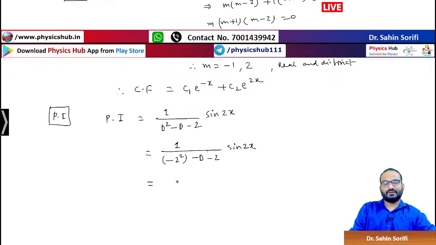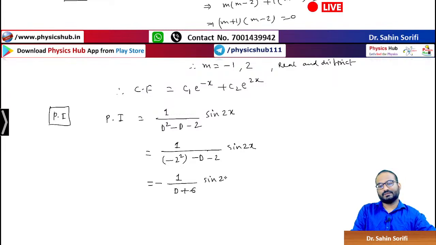What are you getting now? 1 upon, okay, let's take minus outside: minus 4 minus 2 is minus 6, minus D, so D plus 6 in the denominator, sin 2x. Now you need D square to operate on sin 2x, but D plus 6 is there, so we multiply above and below by D minus 6.